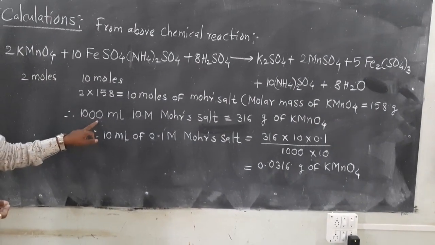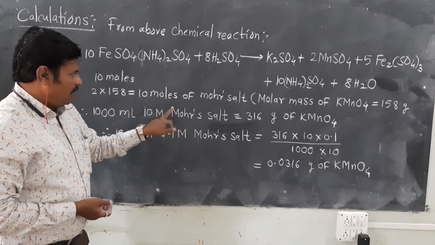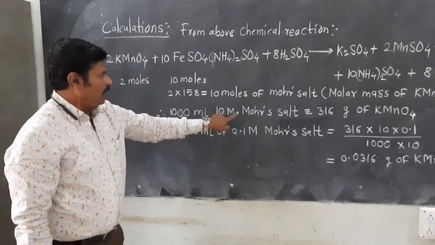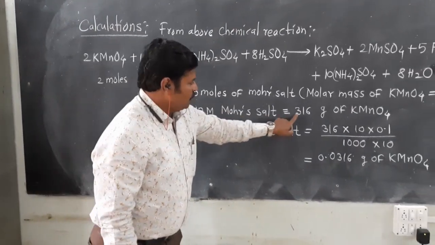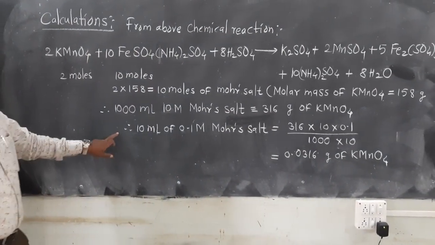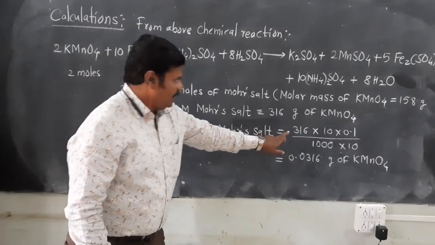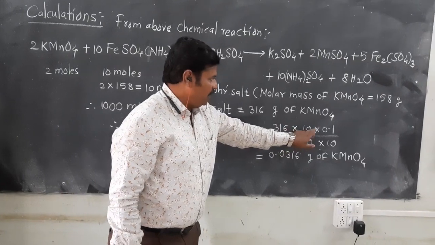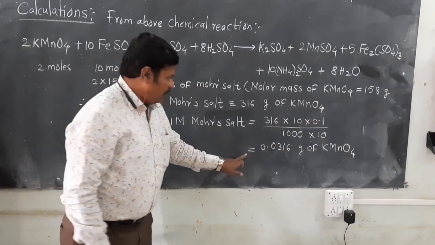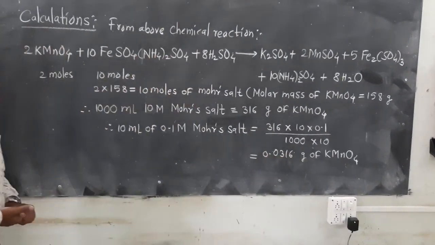Therefore, 1000 ml of 10 molar Mohr's salt equals 316 gram of potassium permanganate. Therefore, 10 ml of 0.1 molar Mohr's salt contains 316 into 10 into 0.1 divided by 1000 into 10. It will obtain 0.0316 gram of KMnO4.